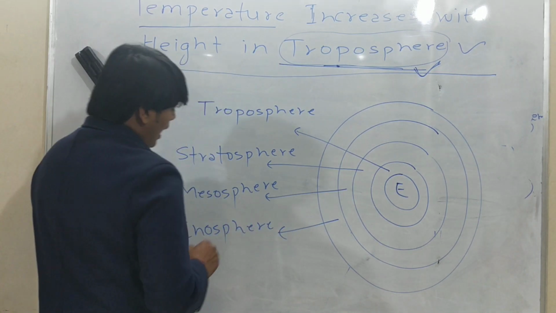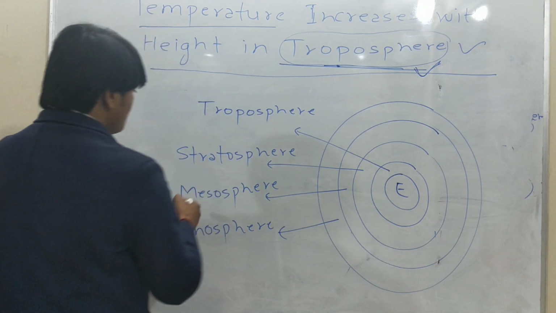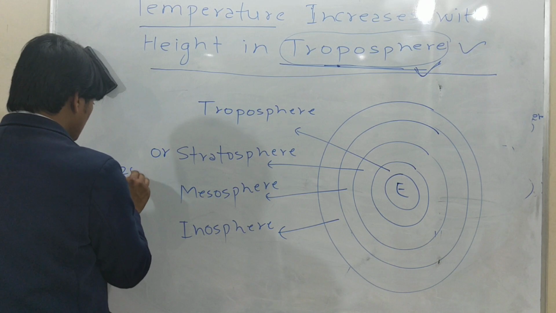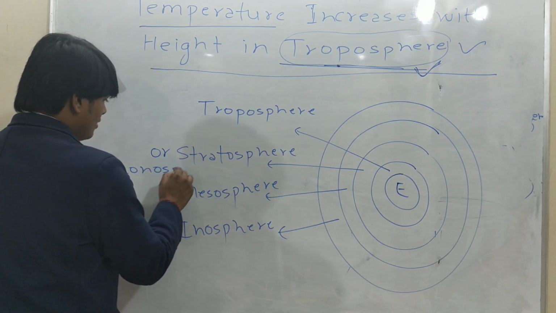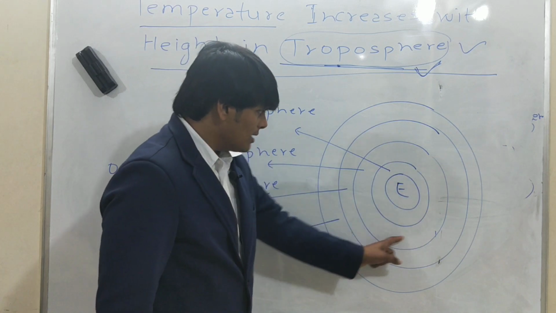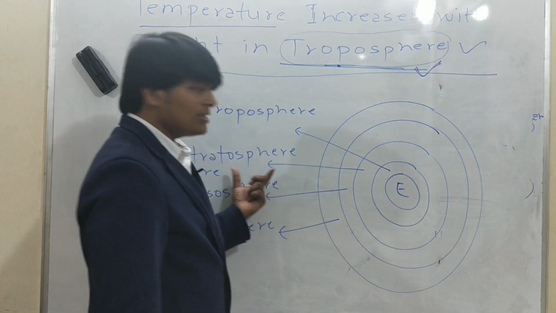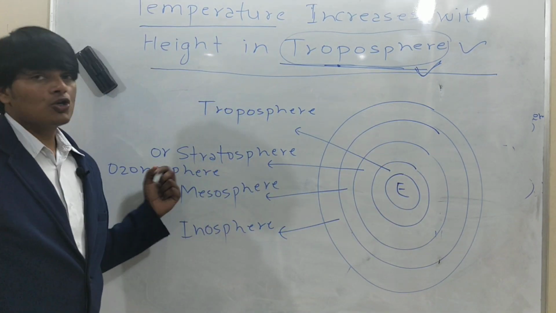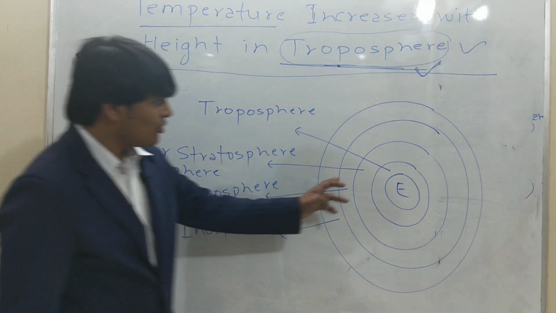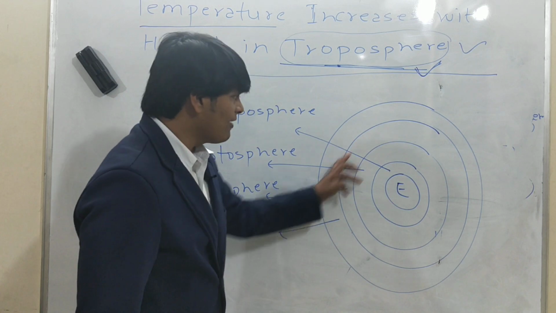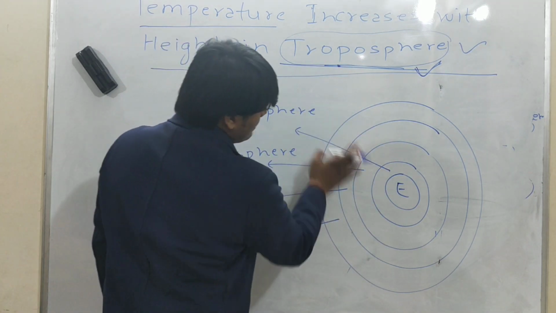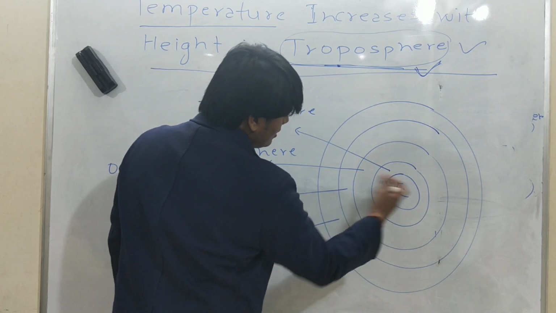And the stratosphere is also called the ozonosphere. Why? The presence of ozone mostly occurs in the stratosphere. Okay. The next is the mesosphere. Why? Because it is in the middle: two are away, outside of this, and two are near the surface.